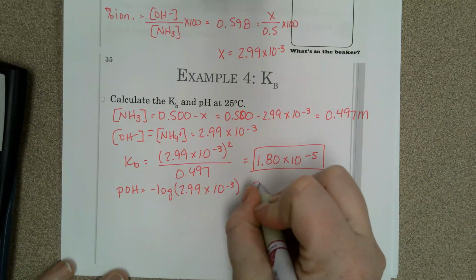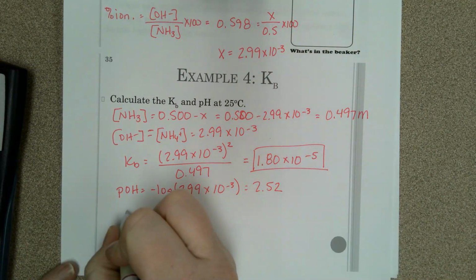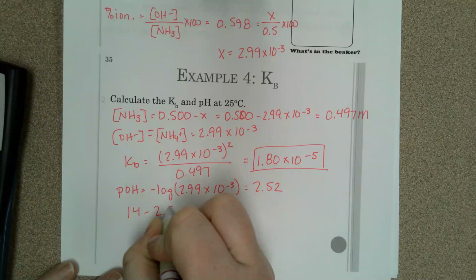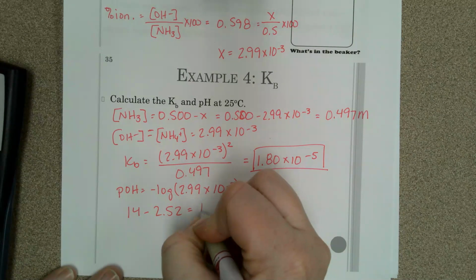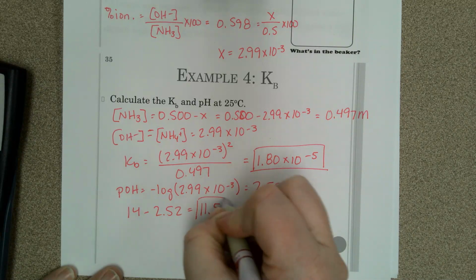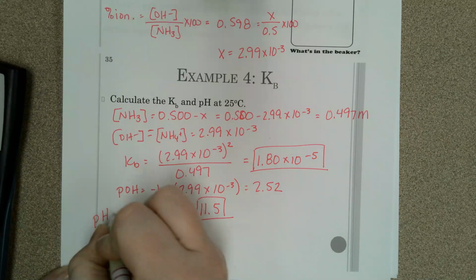So we get 2.52, and then we just need to take 14 minus 2.52, 11.5, and that is our pH.